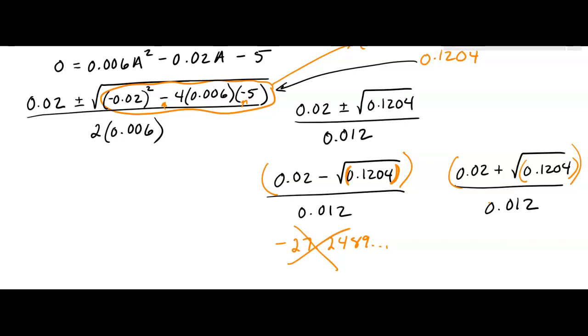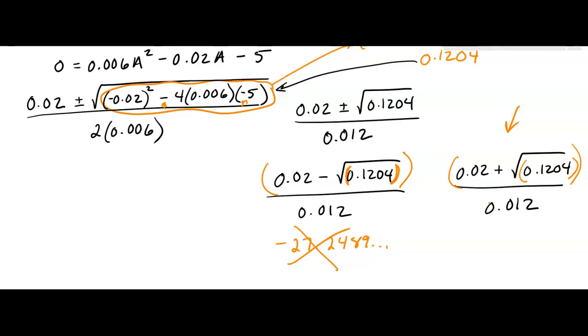Okay, now I'll do the other one. Open that, so I'm doing this one here, parenthesis, 0.02 plus square root, and that opens a parenthesis, 0.1204, close the parenthesis, divided by 0.012.